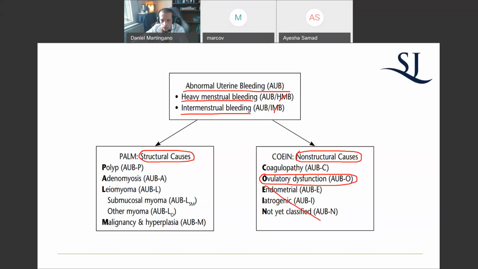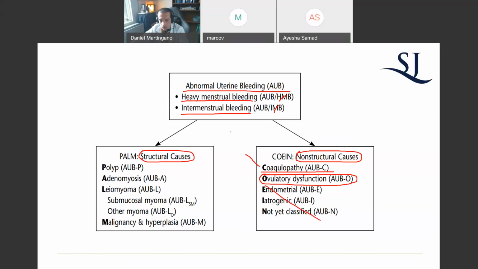Coagulopathy, yes, but that's sort of an exclusionary diagnosis once you've ruled these two out. And also that then involves correcting the underlying coagulopathy.